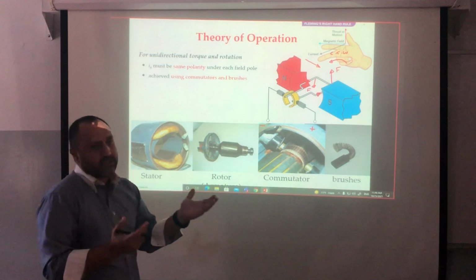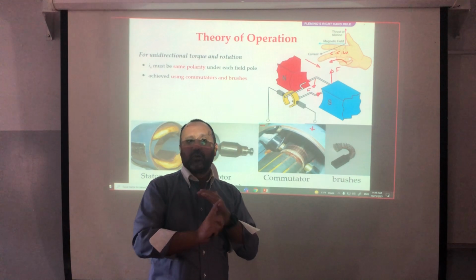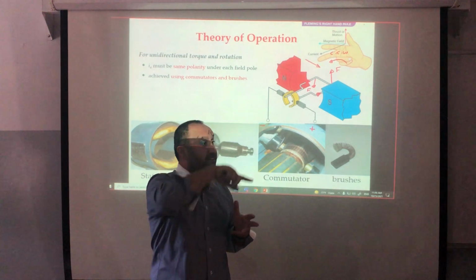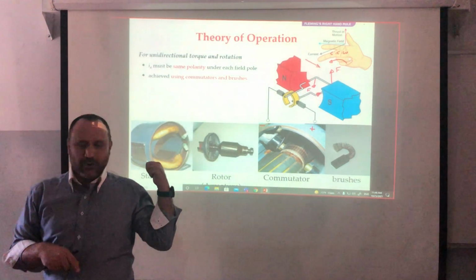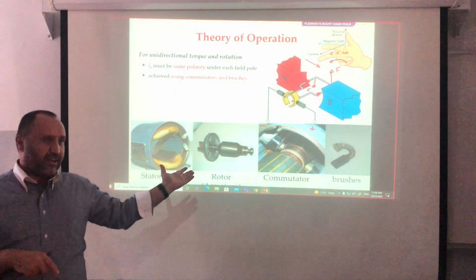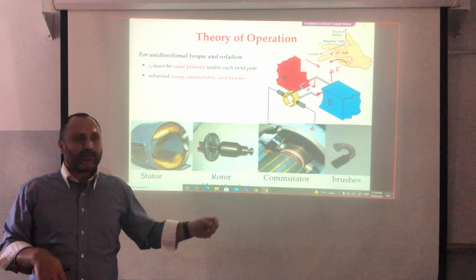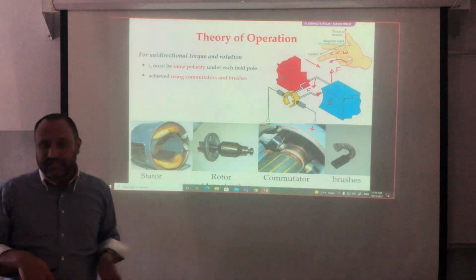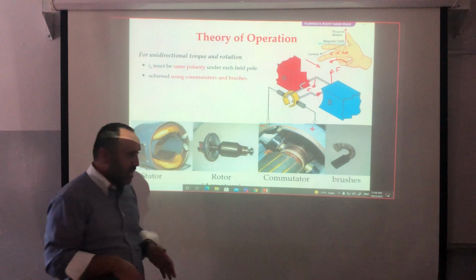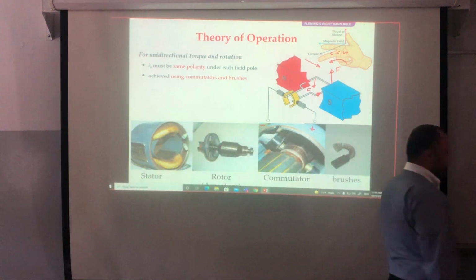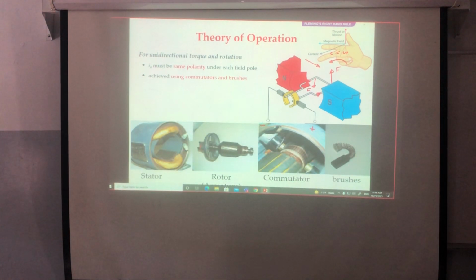But why do we call it brushless DC machine? Because it has no brushes and its torque speed characteristic is almost equivalent to the separately excited DC machine. And under vector control, we can control it as easily as the separately excited DC machine. But we need to understand the theory behind the DC machine and how to control the DC machine. Good.